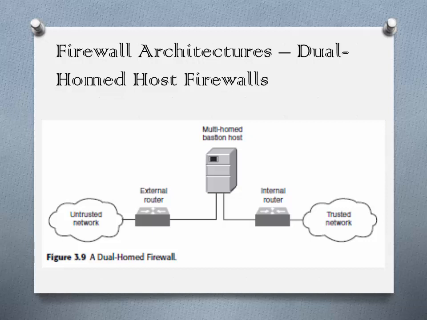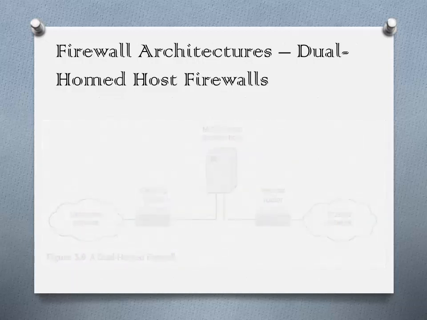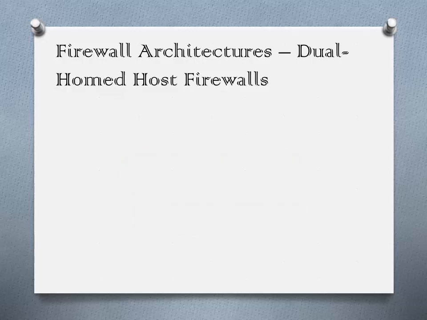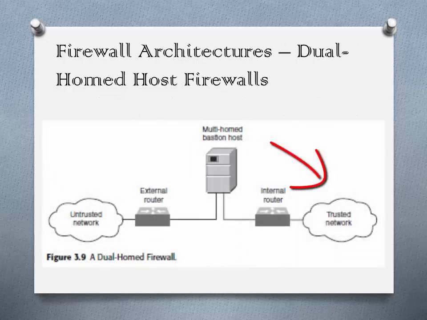This architecture is a simple configuration that consists of a single computer, the host, with two NICs. One is connected to the local trusted network and the other is connected to the internet or an untrusted external network. A dual home host firewall usually acts to block or filter some or all the traffic trying to pass between the networks.